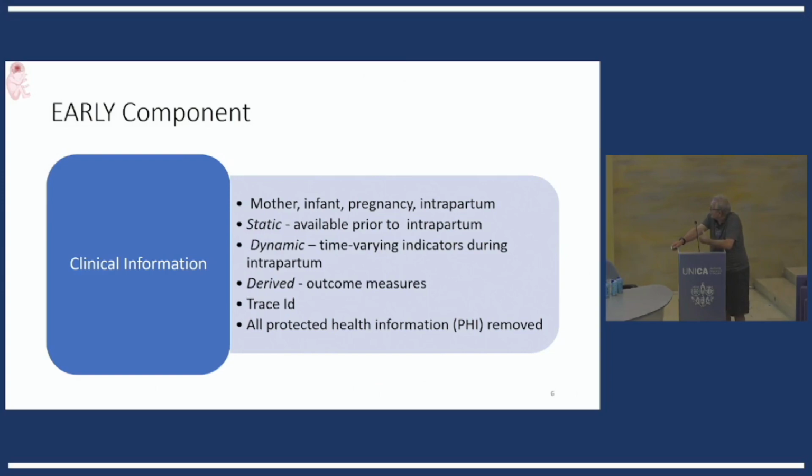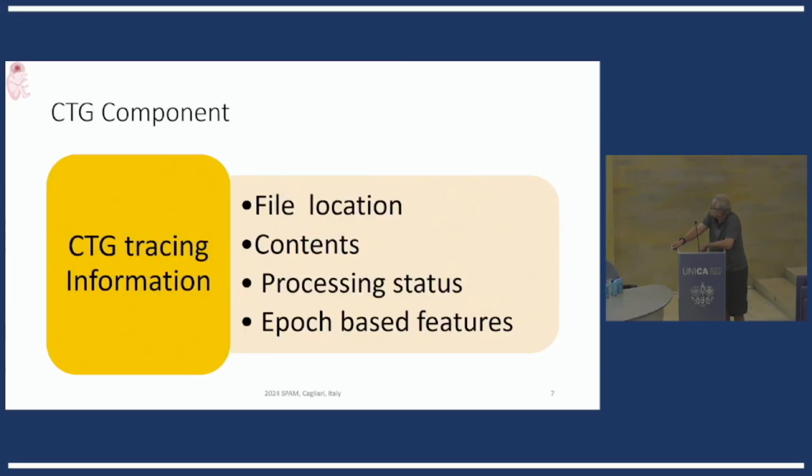And we also have some derived measures. And then we also have the trace ID, which links the actual clinical data to the CTG record. And in fact, all of the protected health information is removed. So for the people who worked on this, all the data is untraceable to the actual subject.